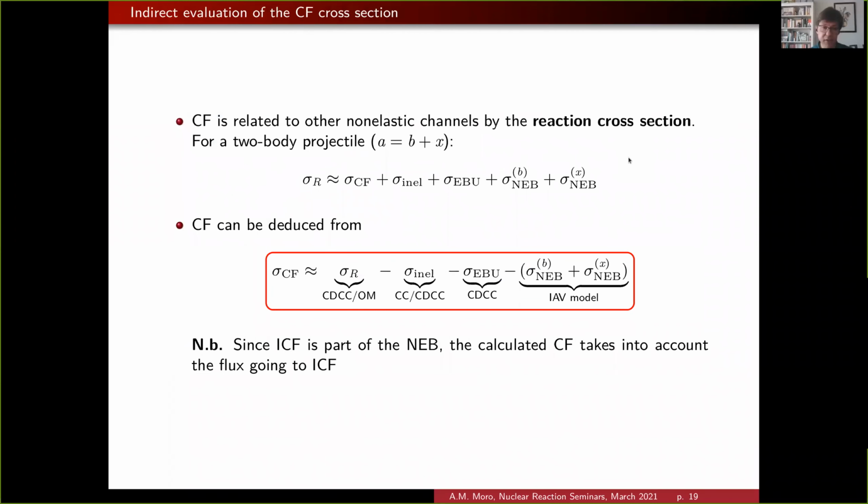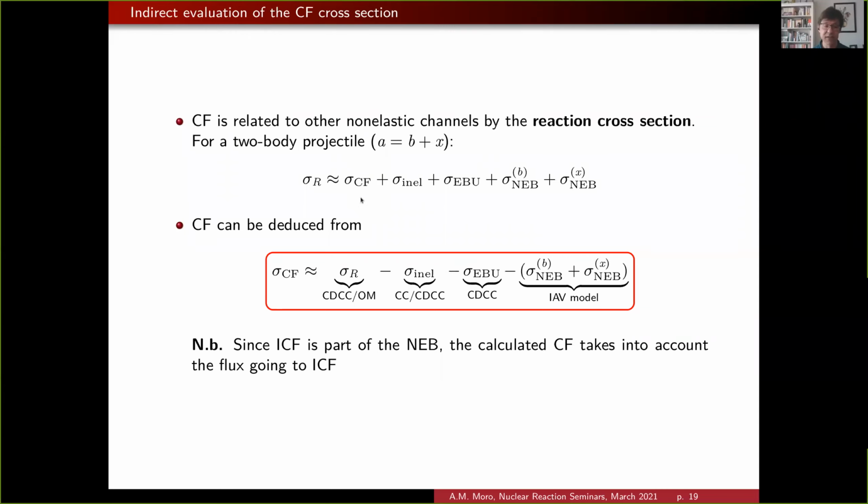We tackle this problem in a different way, and we consider that complete fusion is part of the reaction cross-section. So we can split the reaction cross-section for the process. If the system is not too complicated, hopefully we can do something like that.